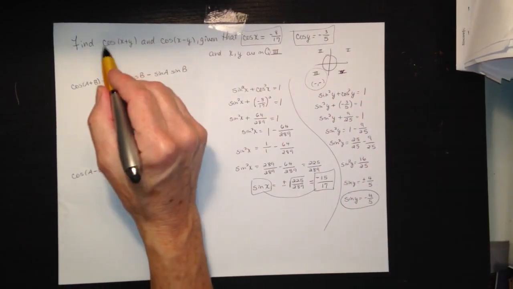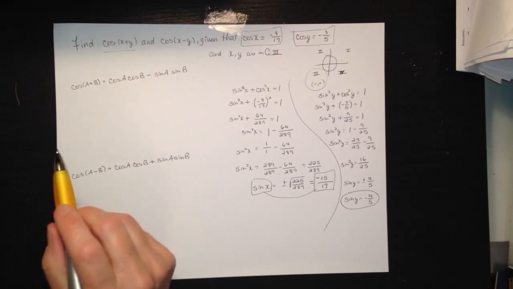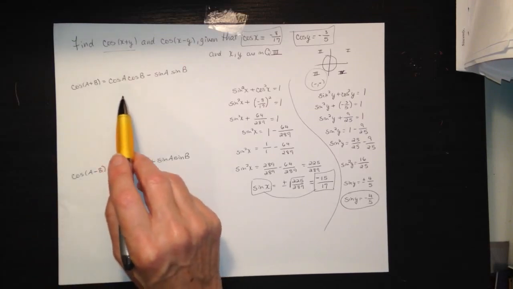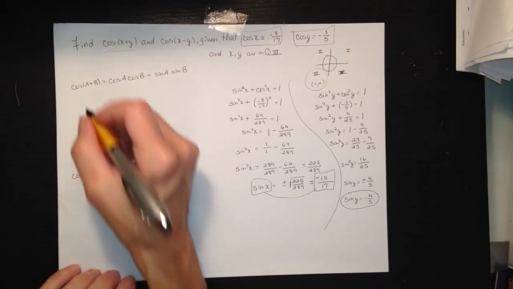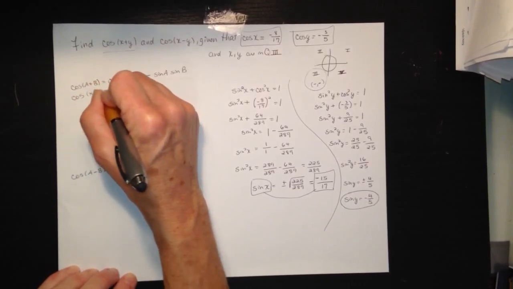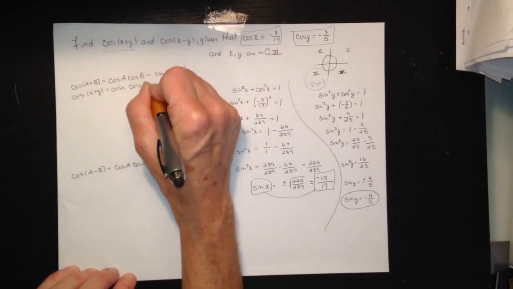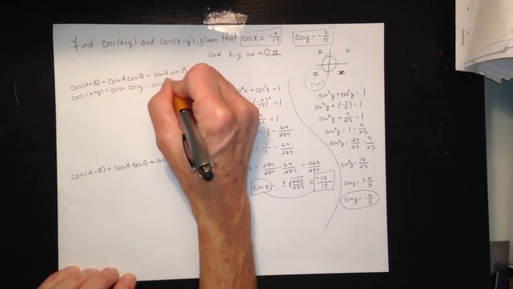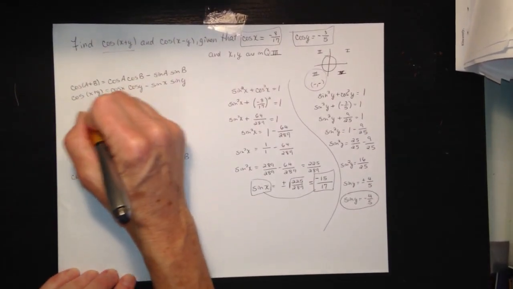If we need to find the cosine of x plus y, we're going to use the sum identity. The cosine of a plus b is equal to the cosine of a, cosine of b minus sine a, sine b. So the cosine of x plus y is the cosine of x, cosine of y minus the sine of x, sine of y. I'm simply going to plug in the values and evaluate.